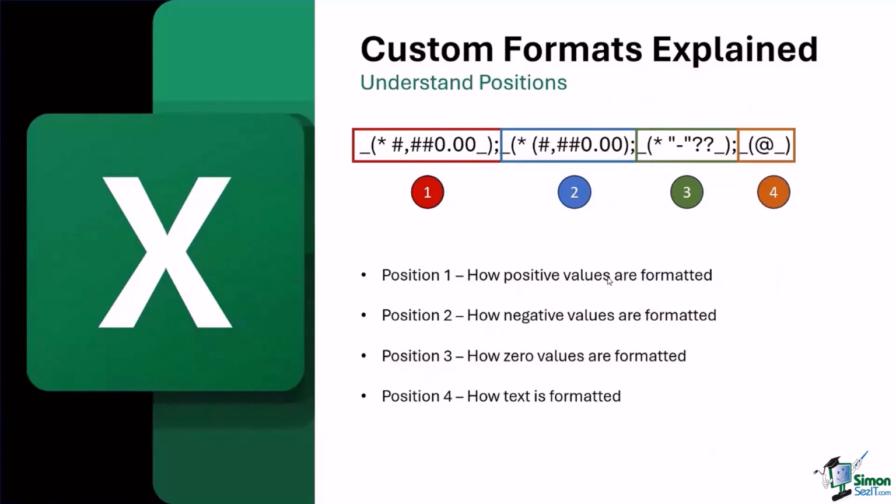Position 3 tells us how 0 values are going to be formatted. So if you have zeros in cells, what are they going to look like? And then in position 4, that's where we specify how we want text in a cell to be formatted. Okay, so don't worry too much about all the hashes and @ signs and things like that. Just get set on these different positions. You have positive, negative, 0 values, and text, and they're all separated with a semicolon.